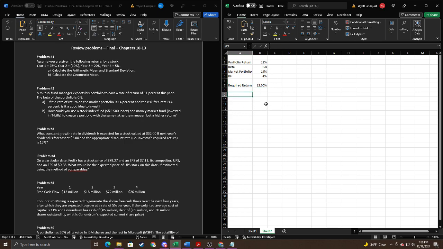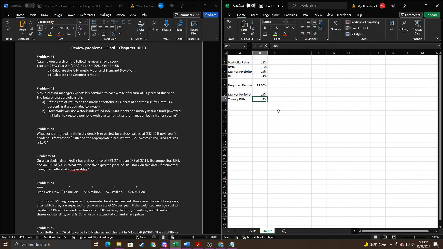So what we're going to do is set up the market portfolio and the risk-free, or treasury bills. T-bills are always going to be the risk-free interest rate.